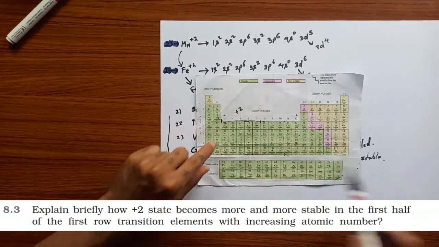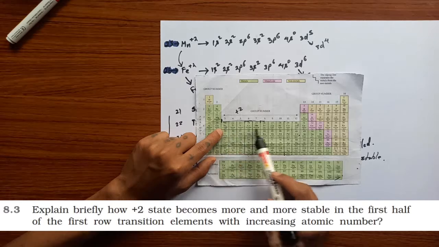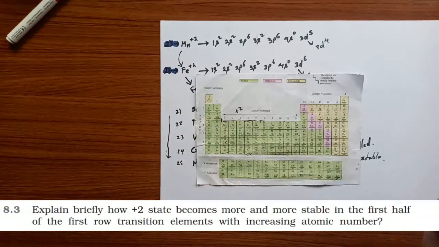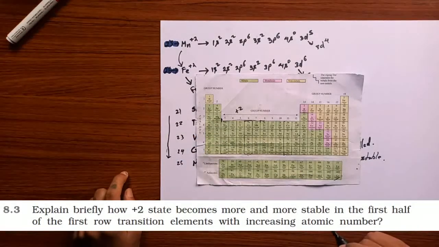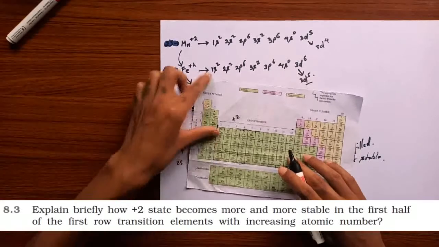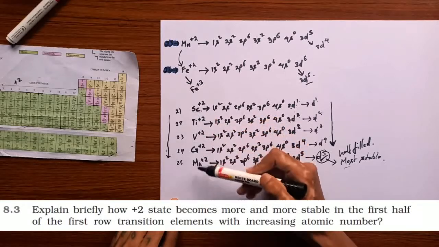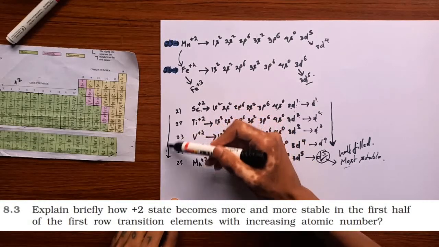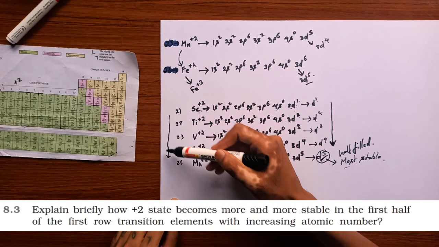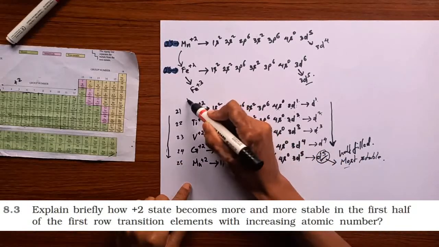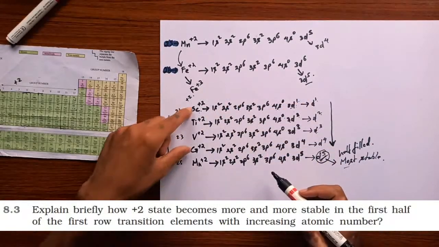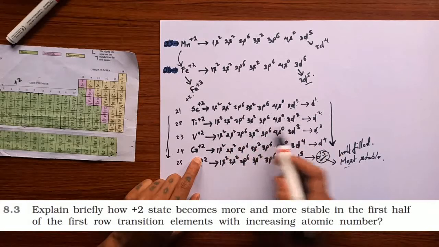So the question basically says, going from scandium to manganese, why do their plus 2 oxidation states become more and more stable? If you look at the atomic number from scandium to manganese, it increases from 21, 22, 23, 24, 25. And if you look at the plus 2 oxidation states here, you get their electronic configuration.